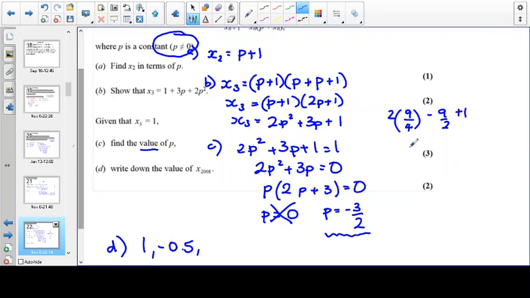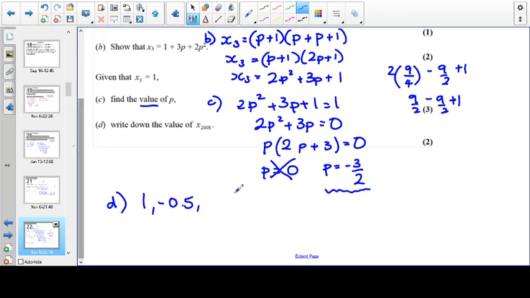Well, this is 9 halves, so 9 halves minus 9 halves plus 1 just leaves me 1. So that means that the next term, if that term was 1, the next term will be negative 0.5.